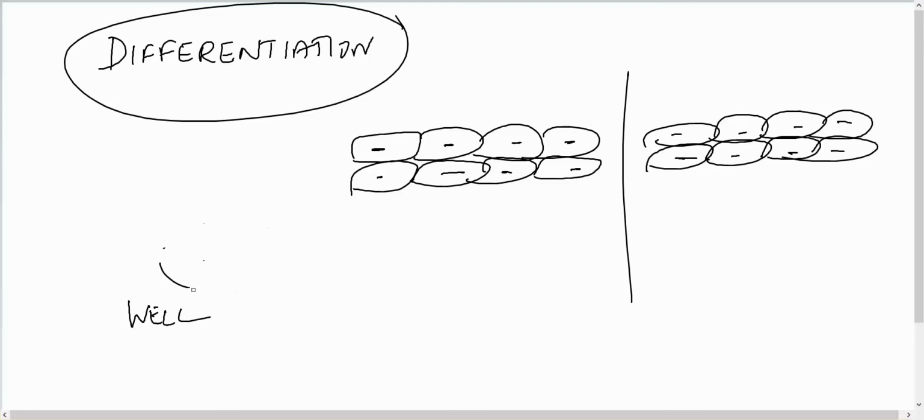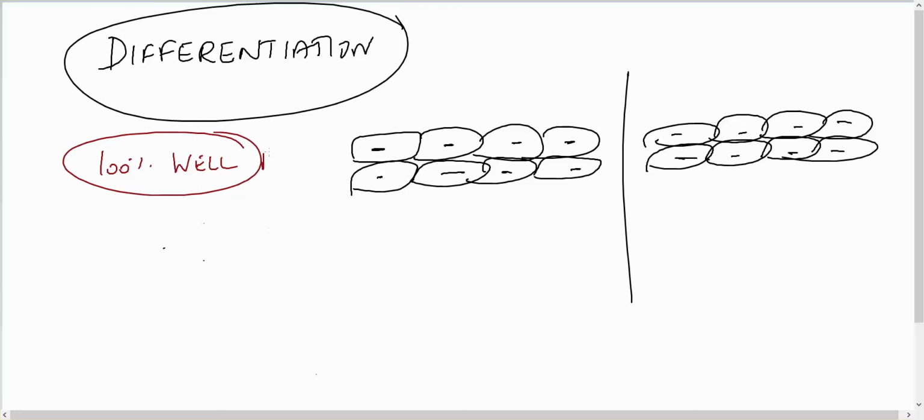So differentiation means how much they resemble the normal cells morphologically and functionally. And benign tumors are most of the time well differentiated.